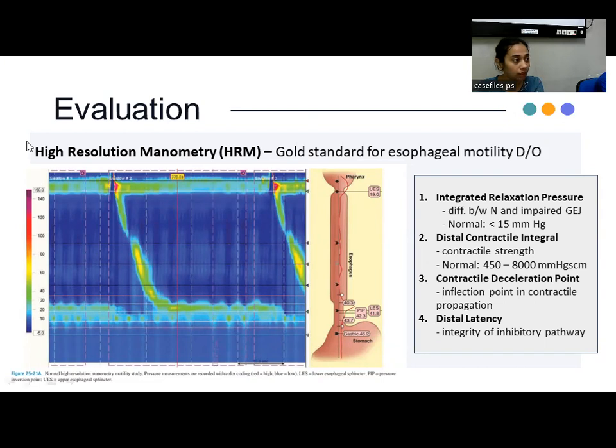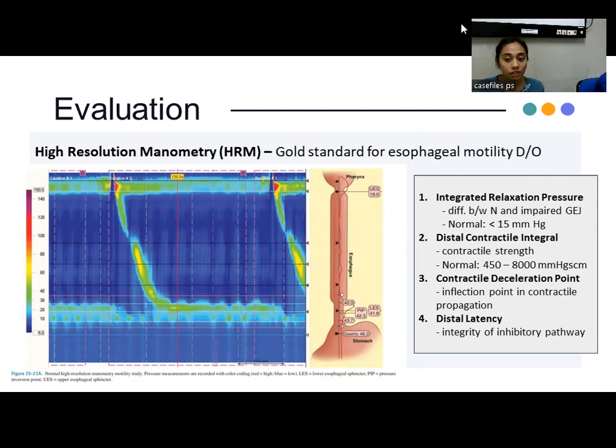There are 10 swallows that are recorded in the HRM, and when the swallow is done, after which we can see in the lower part there is a lower esophageal sphincter relaxation. There are 4 metrics which are important to interpret the HRM, which are the integrated relaxation pressure, IRP, which describes the difference between the normal and impaired GEJ.